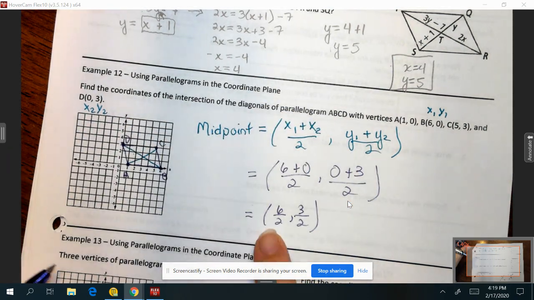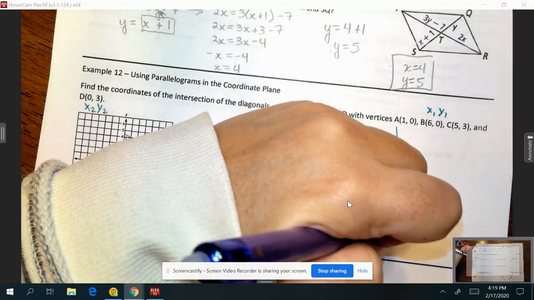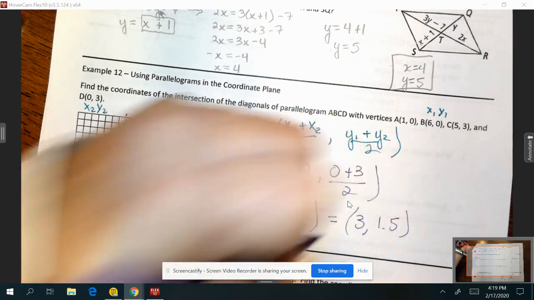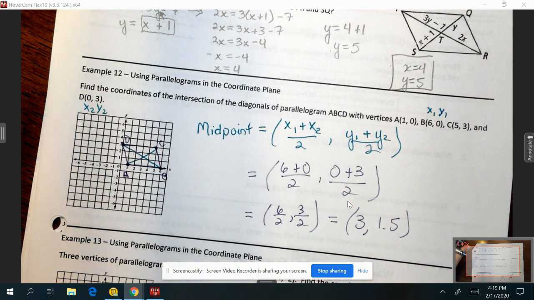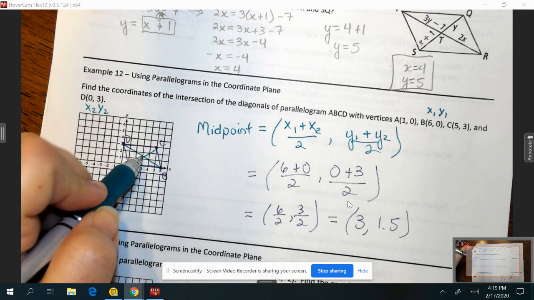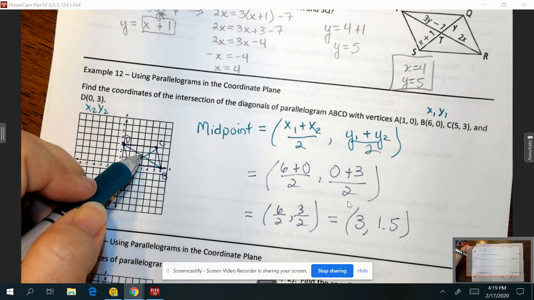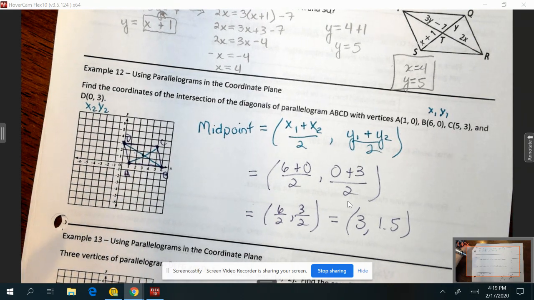So the midpoint is going to be at 3, 1.5. So let's check how close that looks with our picture. 3 is here. Looks like it's going to be about right here. So I was off just a little bit with my picture. But then, they're actually going to cross right there.